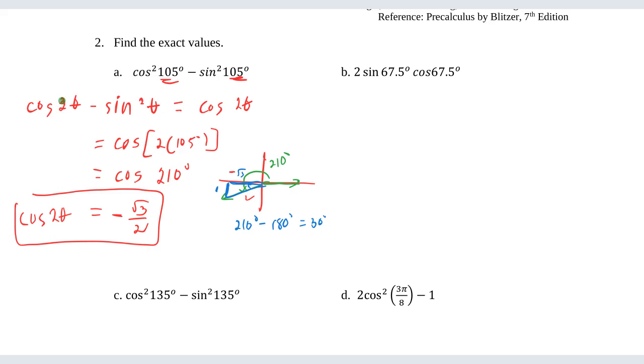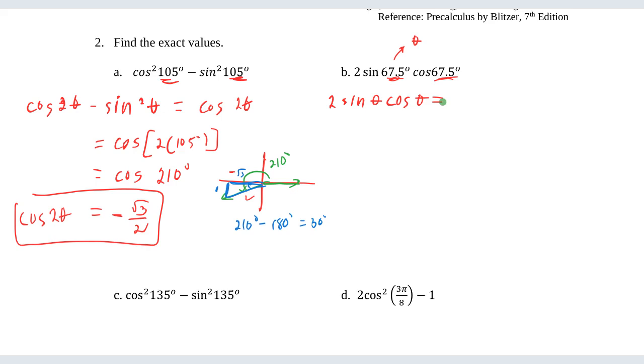Okay, so now moving on to the next statement: 2 sine 67.5 degrees cosine 67.5 degrees. Again, treat these two equal angles as simply angle theta. In that case, we have 2 sine theta cosine theta. And then you go back to the formula under the double angle.